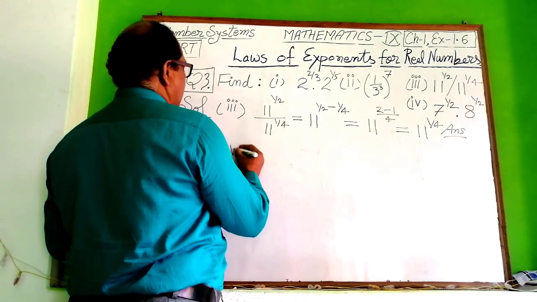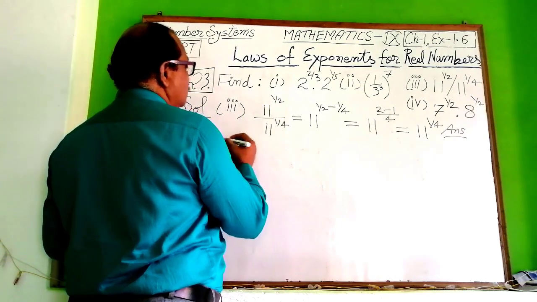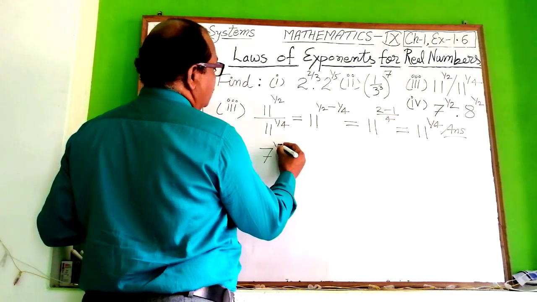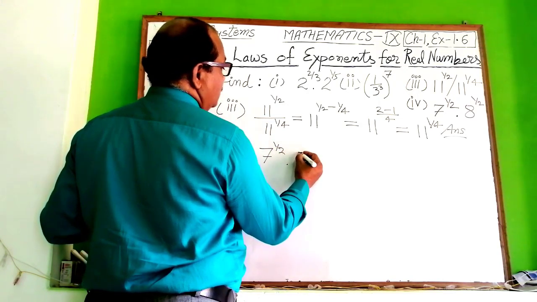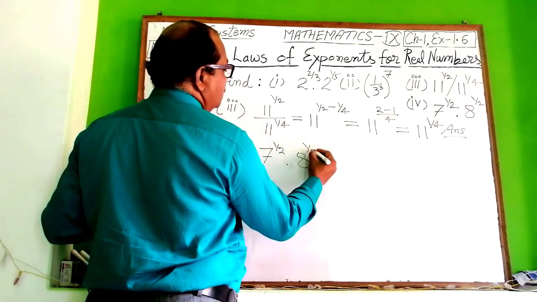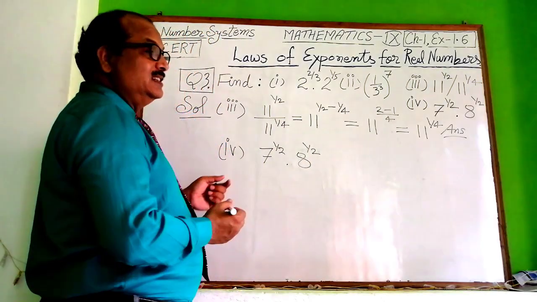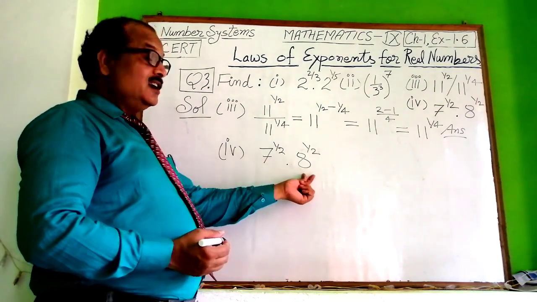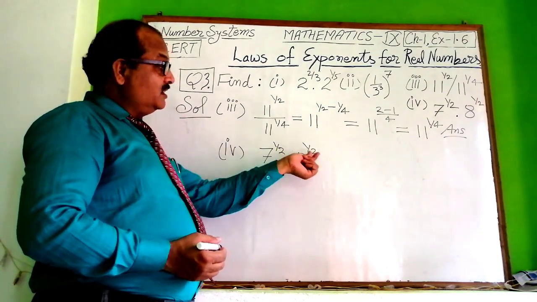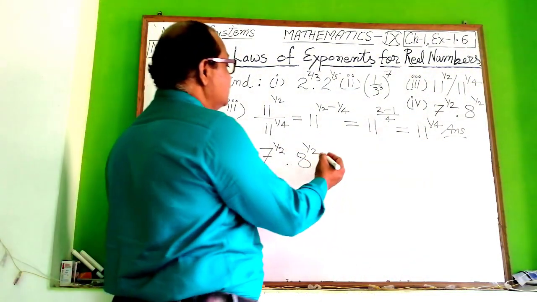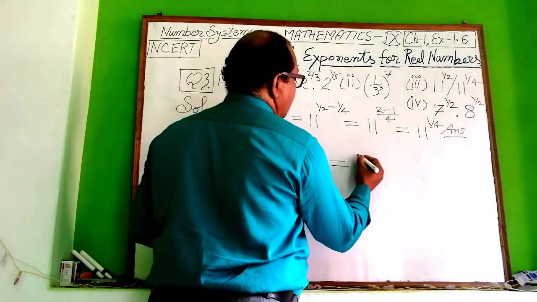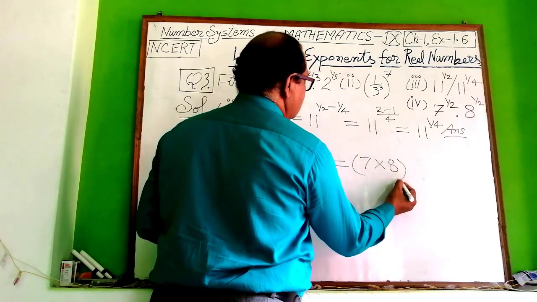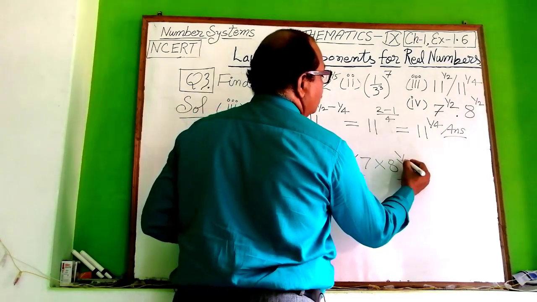So see the fourth one also. You can see 7 raised to the power 1 upon 2 into 8 raised to the power 1 upon 2. It is different from all others. You can see here bases are different but power is same. So we can write it as 7 into 8 raised to the power 1 upon 2.